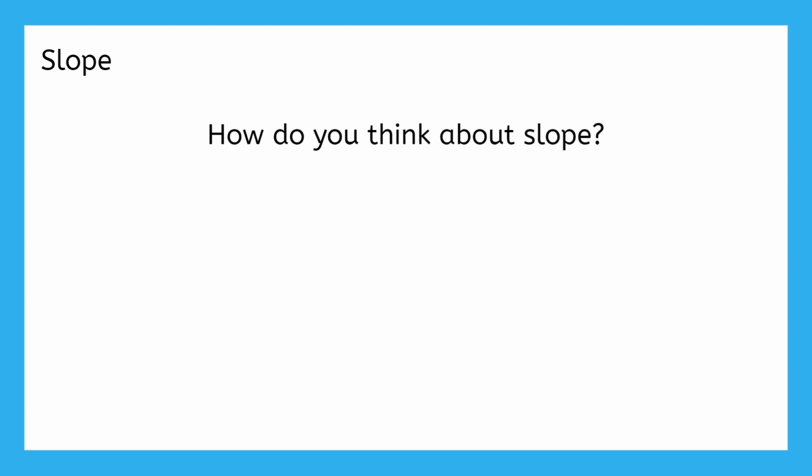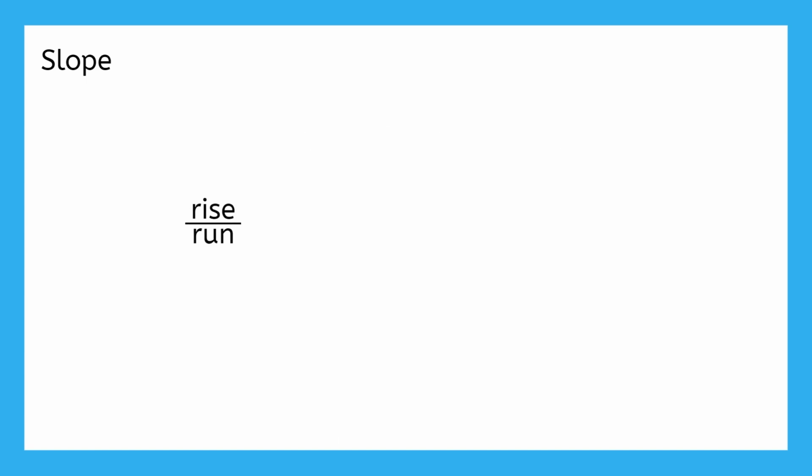Let's start with slope. There are a few ways that we've learned to define slope. How do you like to think about slope? Maybe you thought of how, on a graph, we think of the rise over run between points. Or maybe you remember the slope formula that we can use with two coordinates, y2 minus y1 over x2 minus x1.